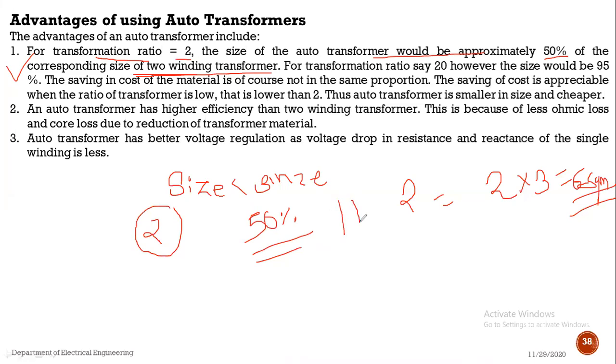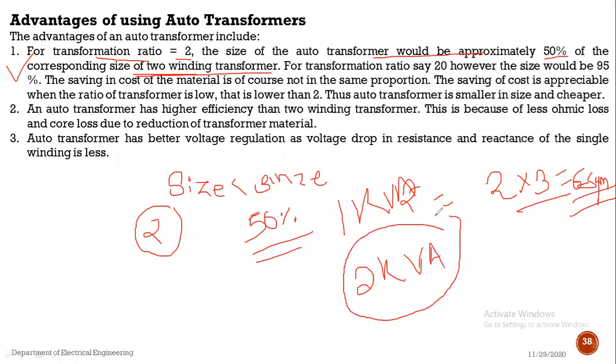suppose this is a 1 kVA transformer of size 2/3. Double of this would be a 2 kVA transformer, and its size will increase again in case of a two winding transformer. But in case of an auto transformer, if we want to construct a transformer of double the kVA rating as compared to the ordinary transformer, the size should be 50% of that of this transformer.